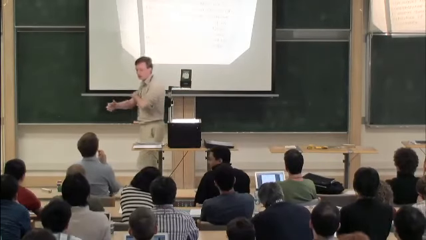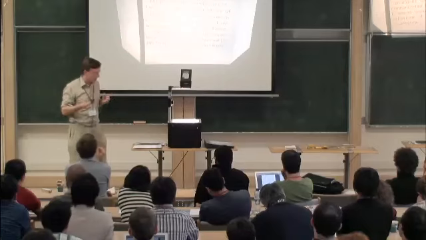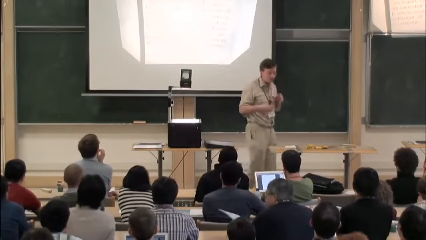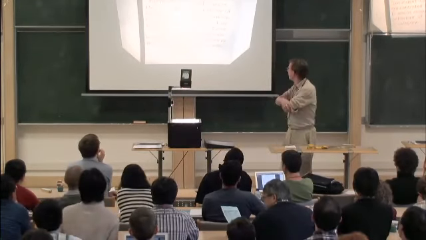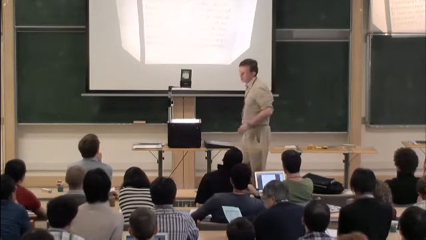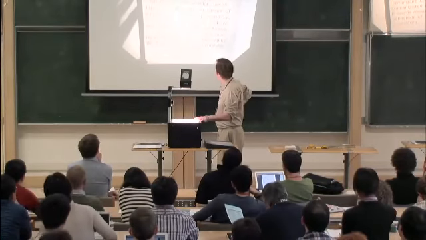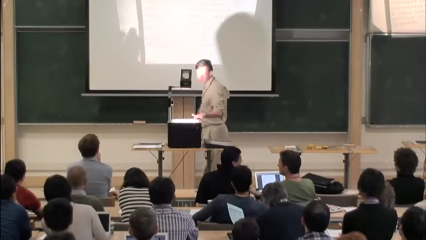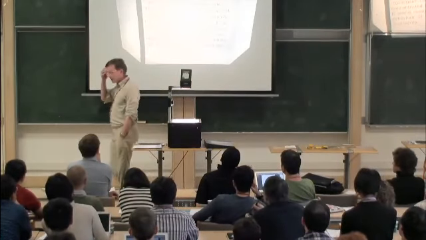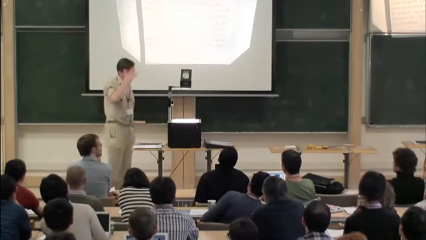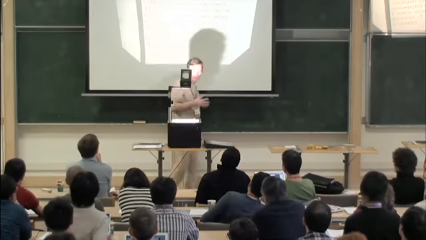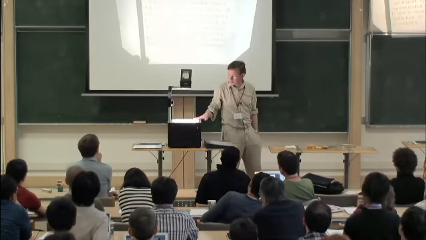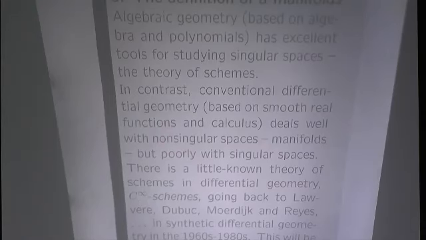So we're looking for some kind of category of differential geometric objects, including manifolds and including some classes of singular spaces. Now, there is a not very well known theory of schemes in differential geometry, called C-infinity schemes, and this goes back to authors such as Lawvere, Dubuc, Moerdijk and Reyes in synthetic differential geometry in the 1960s and 1980s. So that's what we're going to use.